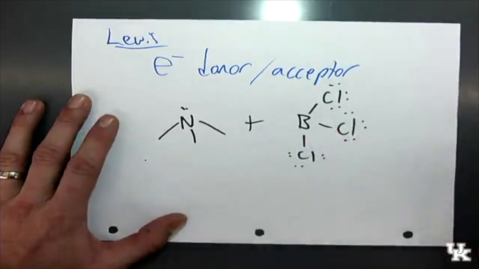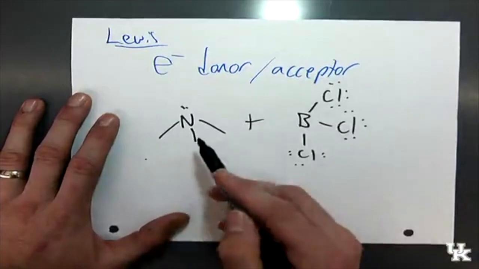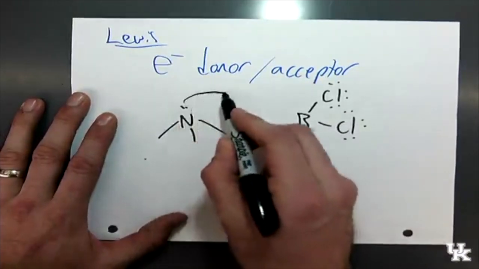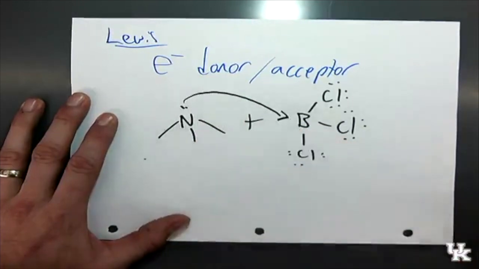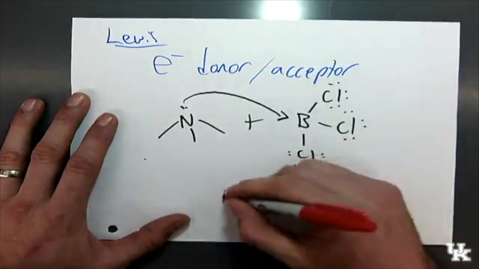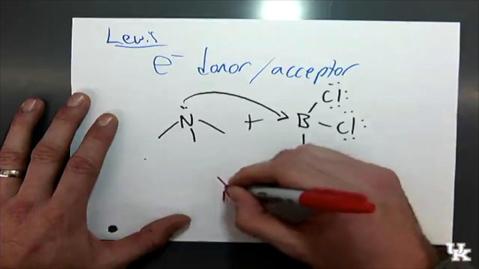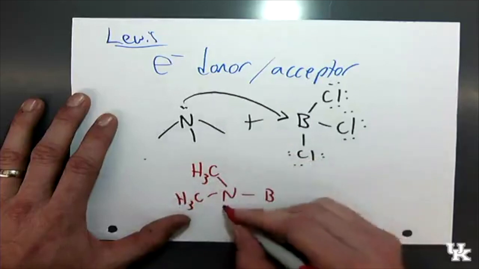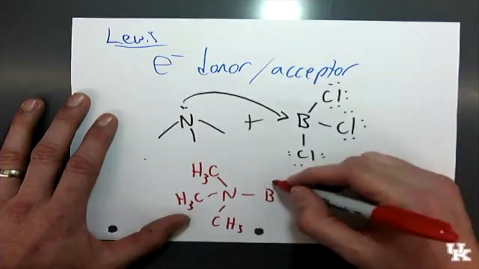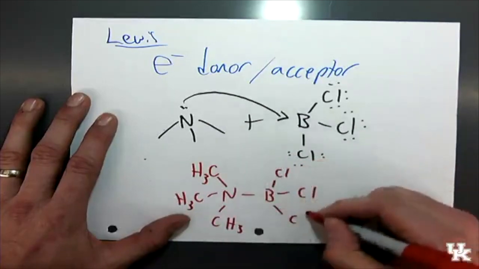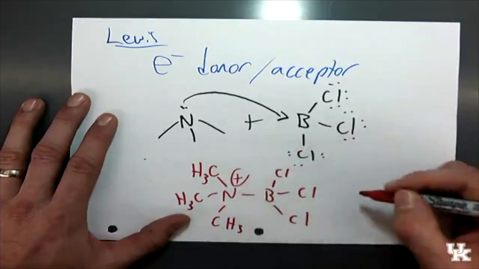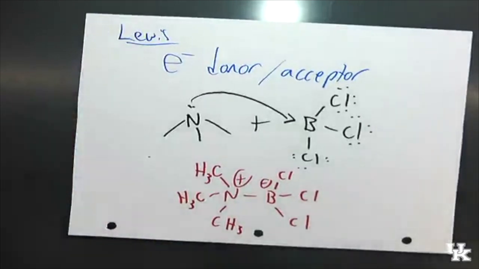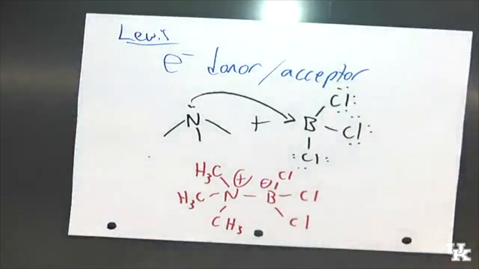But the trimethylamine is a Lewis base because it donates electrons to the boron to make this molecule, where now you have a positively charged nitrogen and a negatively charged boron, because the nitrogen donated its electrons to the boron.